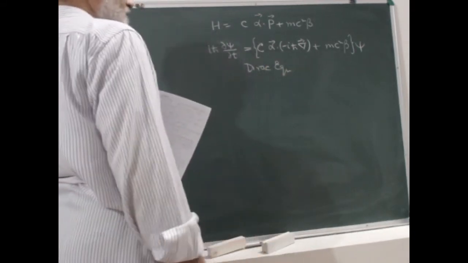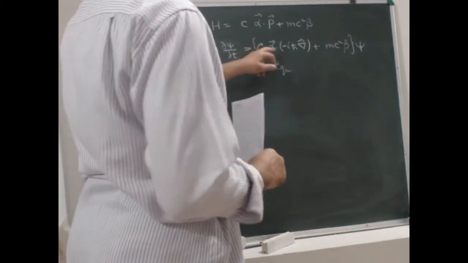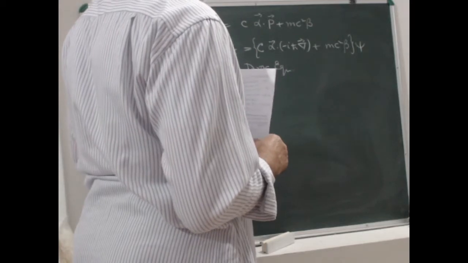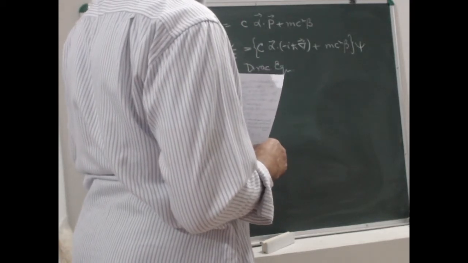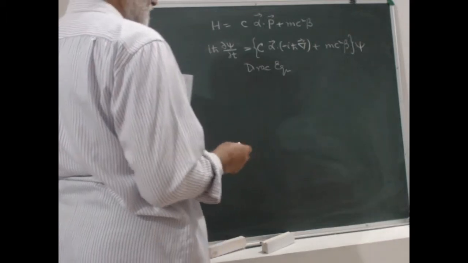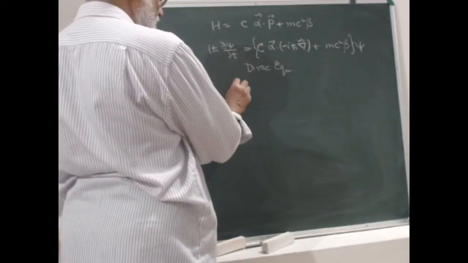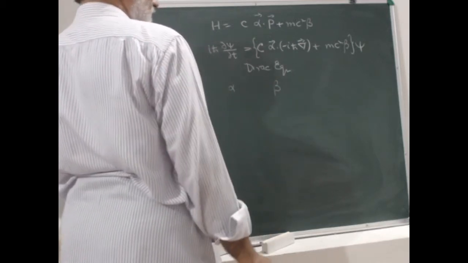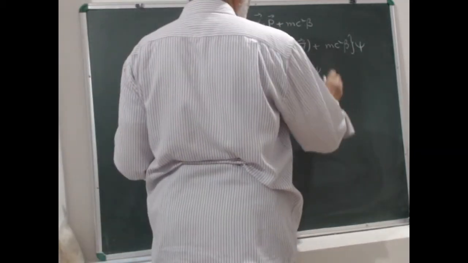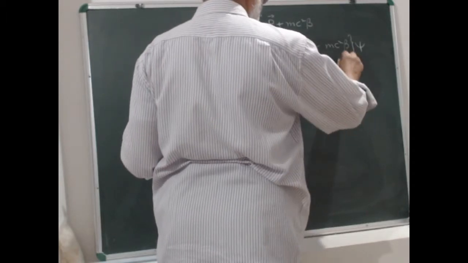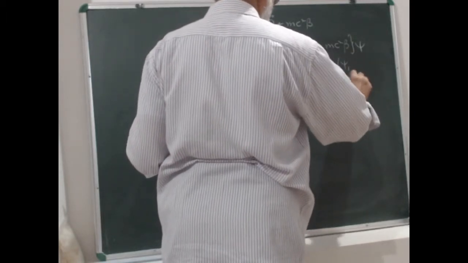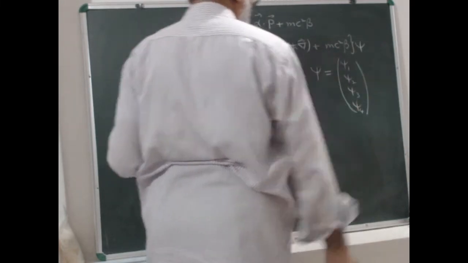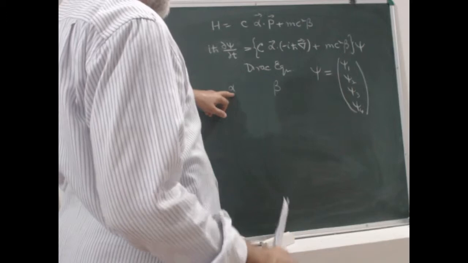in which α and β are constants. In fact, they are matrices. They are not scalars but matrices. We have seen that α is related to the Pauli spin matrices, and β is a diagonal matrix, and ψ has four components, a four-spinor, ψ1, ψ2, ψ3, ψ4. So α is a 4 by 4 matrix.